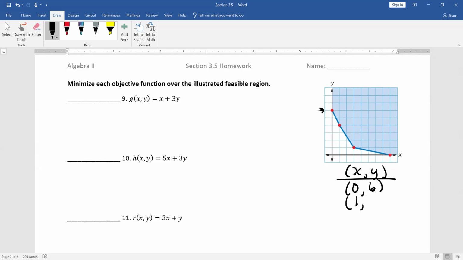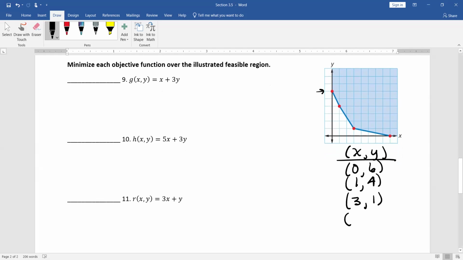Here we have 1, 2, 3, 4. 3 to the right, and 1 up. And for the last one, we have 1, 2, 3, 4, 5, 6, 7, 8. 8, 0. There we go.